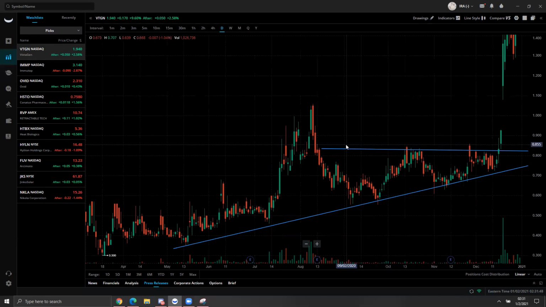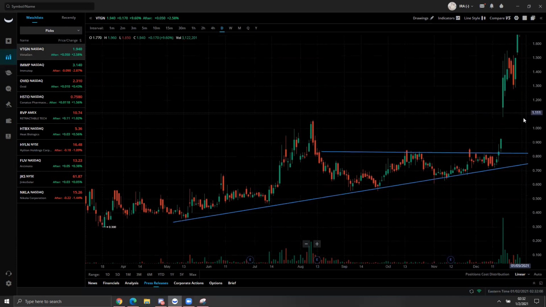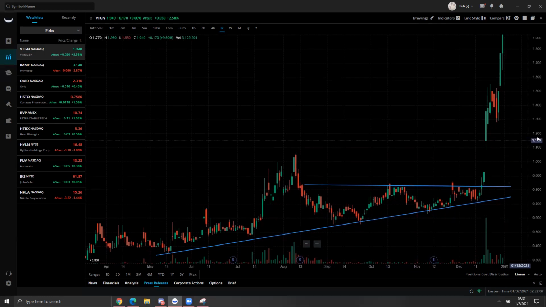Now the second point that you can enter at is when price closes above this resistance level. This is the flat top resistance level, which is the highlight of what an ascending triangle really is. And you can see when this candle closed above this resistance level, VTGN absolutely rocketed to the moon, right?